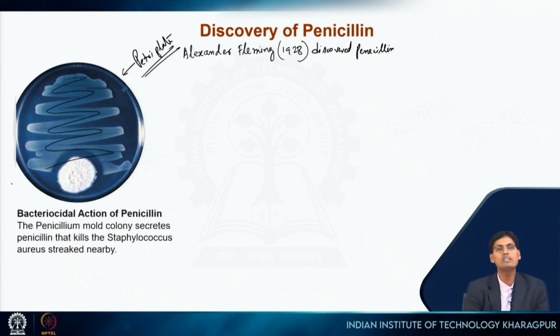Then over time the bacteria will grow, and after a few hours, maybe after one day, you will be able to see them. This whitish substance is nothing but bacteria.